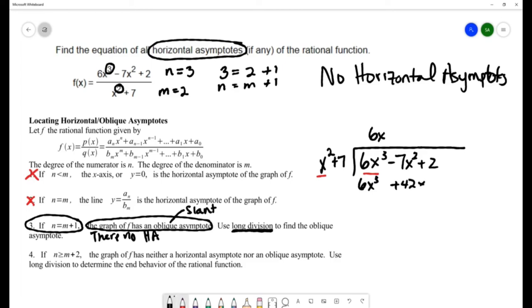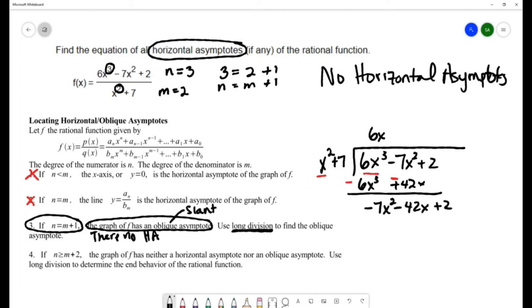With long division, you subtract these terms from the ones above. The 6x cubed minus 6x cubed becomes 0, so those cancel out. I don't have any like terms here, so I'm just going to write these down. This becomes minus 7x squared minus 42x plus 2.